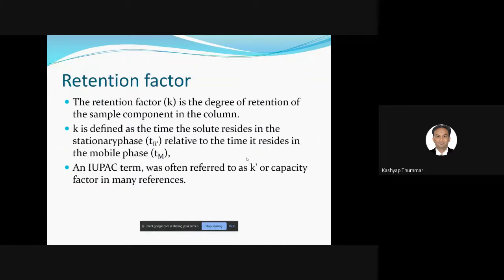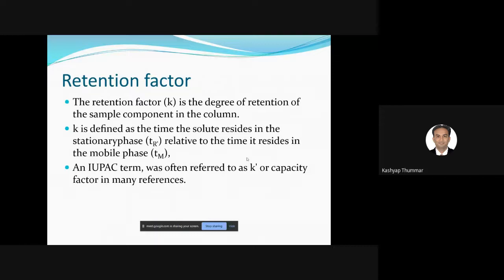Then retention factor is again a very important factor. The retention factor is the degree of retention of the sample component in the column, and it is denoted as a small k.